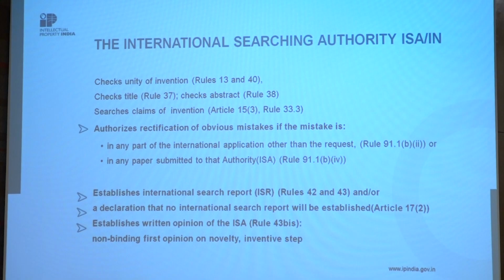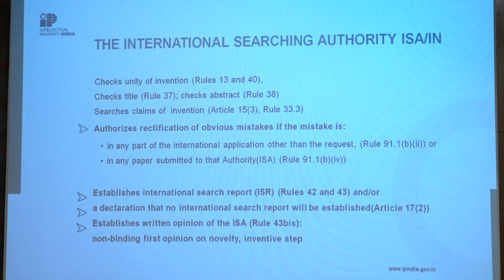If there is more than one invention in the claims, then the question regarding unity of invention will arise. In that situation, the examination report will indicate why the unity of invention question arises. Accordingly, you will have to comply in future.